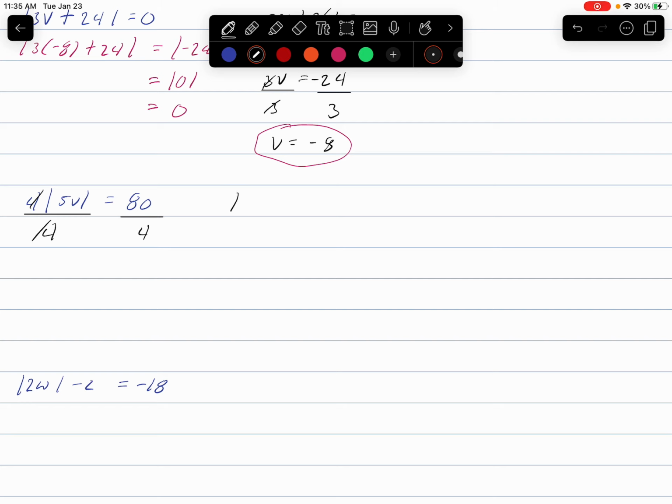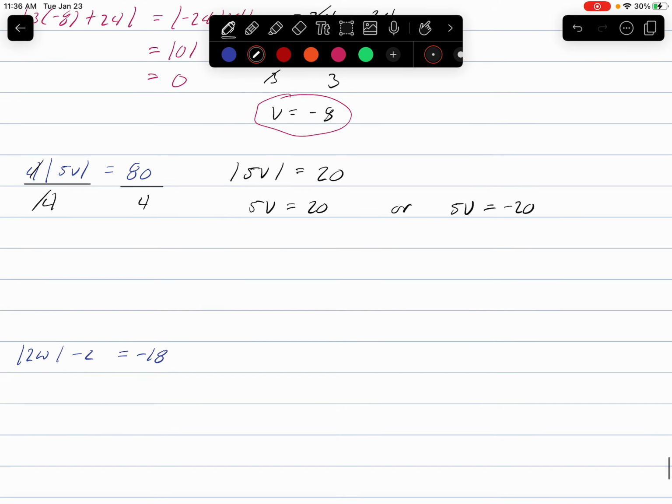And we're going to end up with the absolute value of 5v is equal to 80 divided by 4, which is 20. Okay, and now we consider 5v is equal to 20, or 5v is equal to -20.